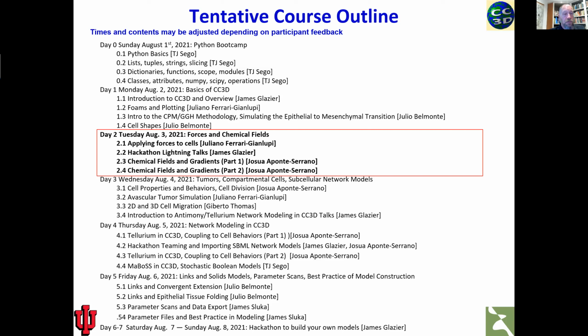Just to give you a heads up for tomorrow, we're going to talk about applying explicit forces to cells. That allows you to do various kinds of cell motility simulation.